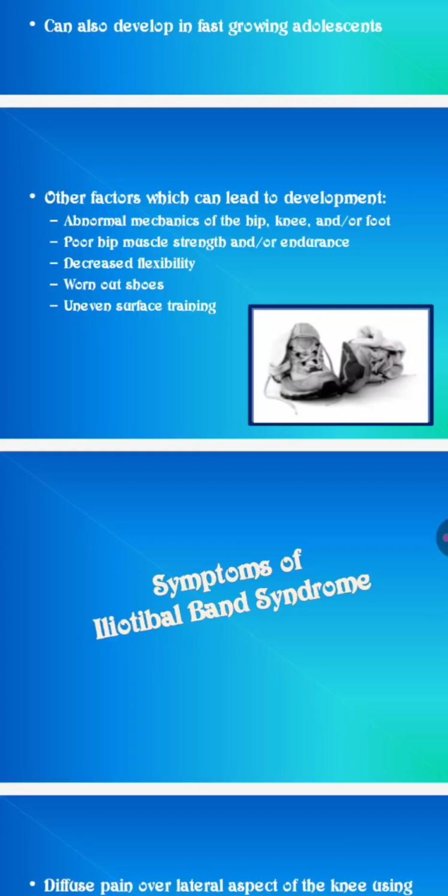That pain gradually increases day by day, and there may be tightness and burning sensation too. Symptoms usually resolve with rest. The patient complains that whenever I go for running or cycling, that time I feel pain, but after that I feel good.